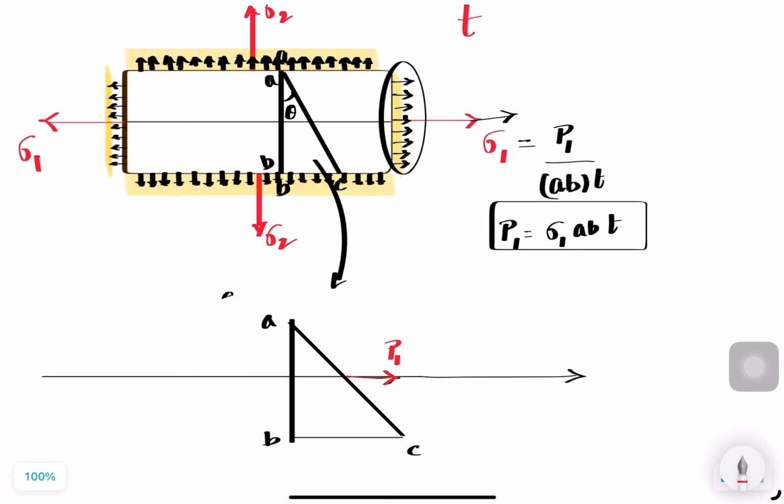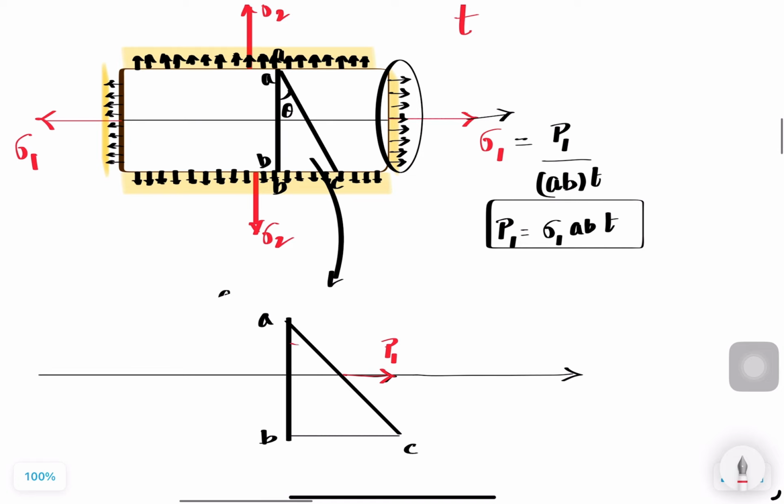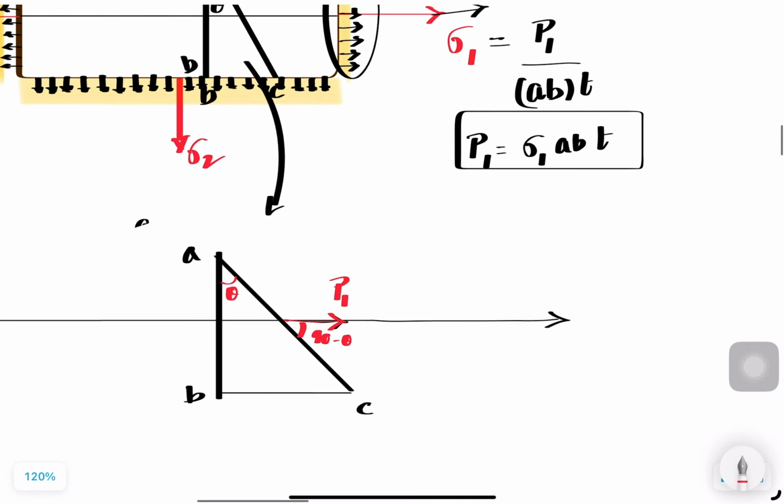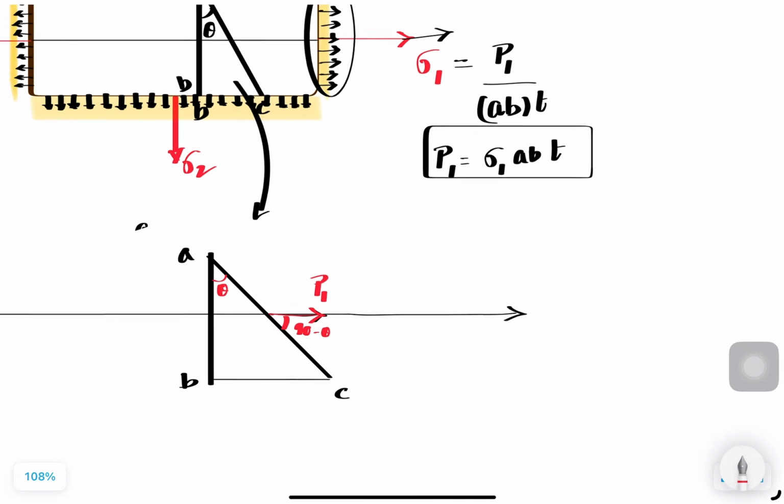Now you could resolve this force P1 into two components: one tangential to this inclined plane AC, another one perpendicular to the inclined plane AC. We know that this is theta, so this angle should be 90 minus theta. Now I'm going to resolve the force into two components.